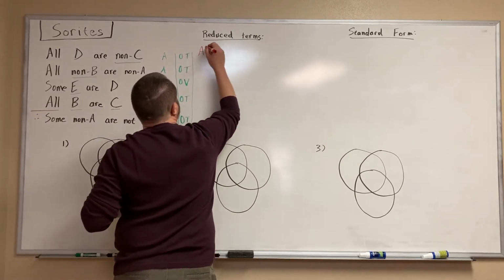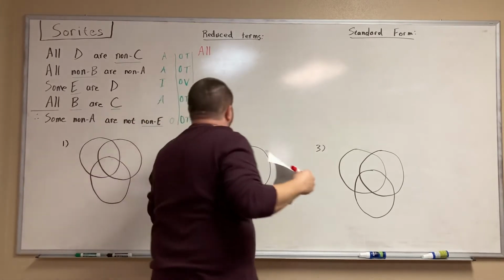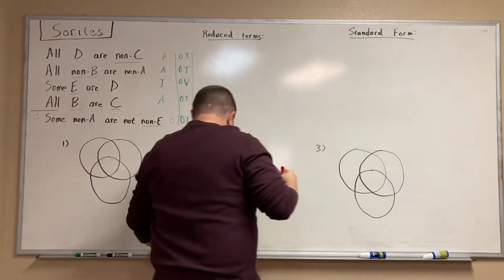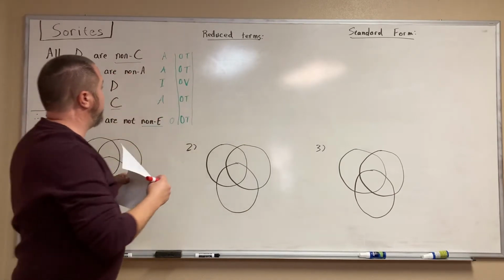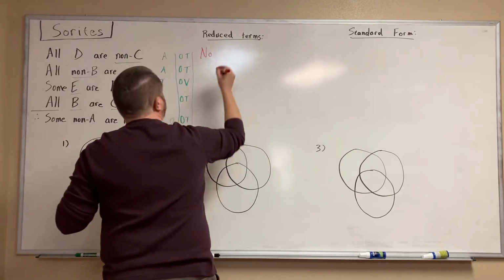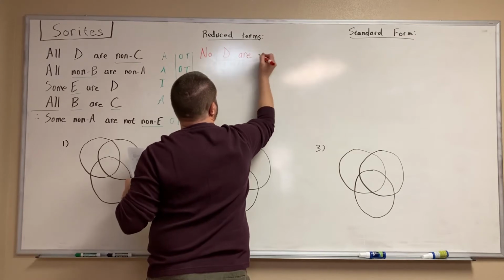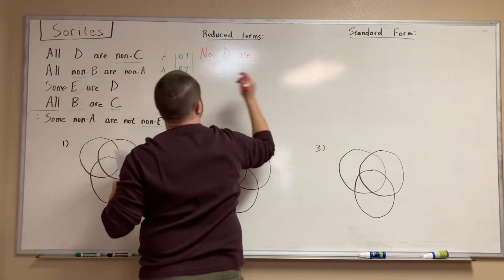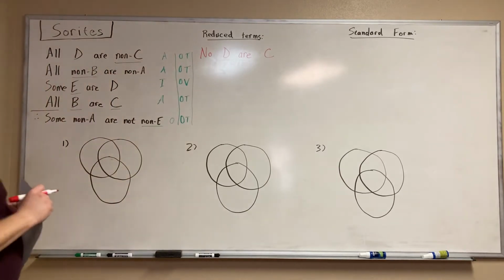So let's just carry that over here. Obversion, we're going to be changing the quality and complementing the predicate. So change the quality to no. D stays the same. No D are, and then complement the non-C. So we're going to have no D are C.